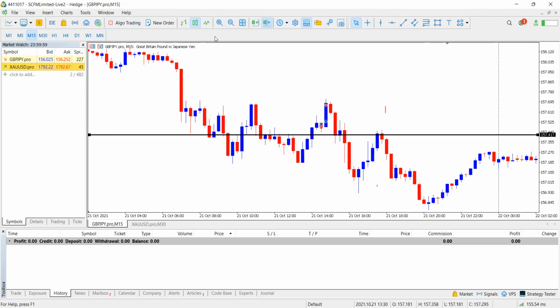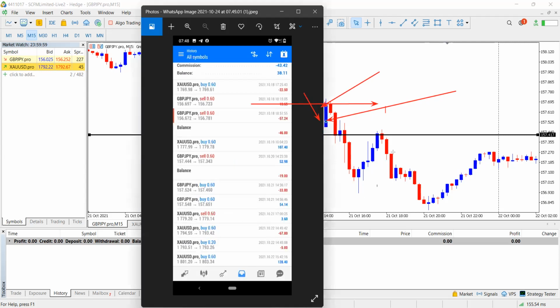Unaona, the second M15 ikibreak hii high hapa, I'm giving that trade a second chance. Na ndio unaona ndio hii entry yangu hapa. Na target yangu ilikuwa huku juu. Na niliclose hapo. Na ndio hii position hiyo ya this is my second position where I closed at 10 pips profit. Unaona? Menelewa?